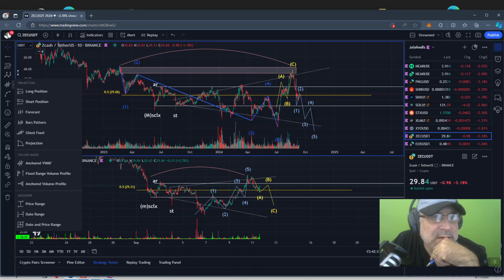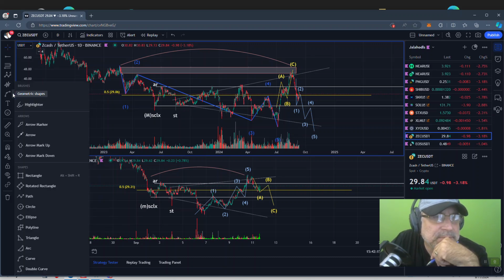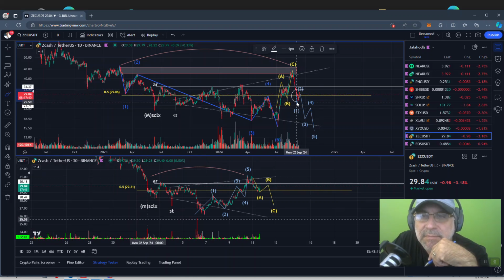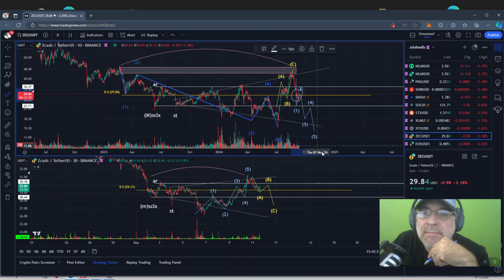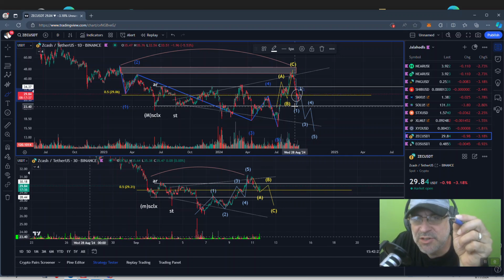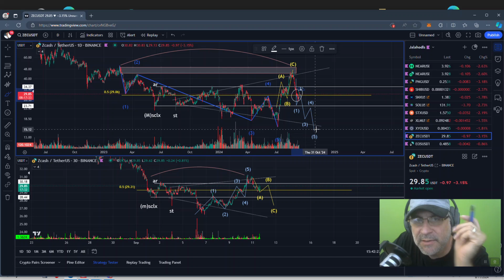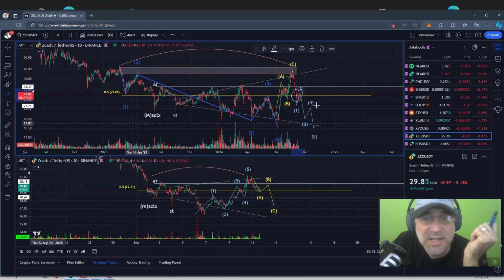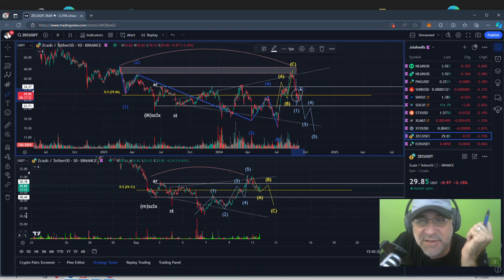Let me get a pen. This here would be this two wave, this two correction coming up from this Elliott impulse going down. All of that is within this two wave here, and you could see that it's identical. The price action is identical. That's because these are fractal ranges.